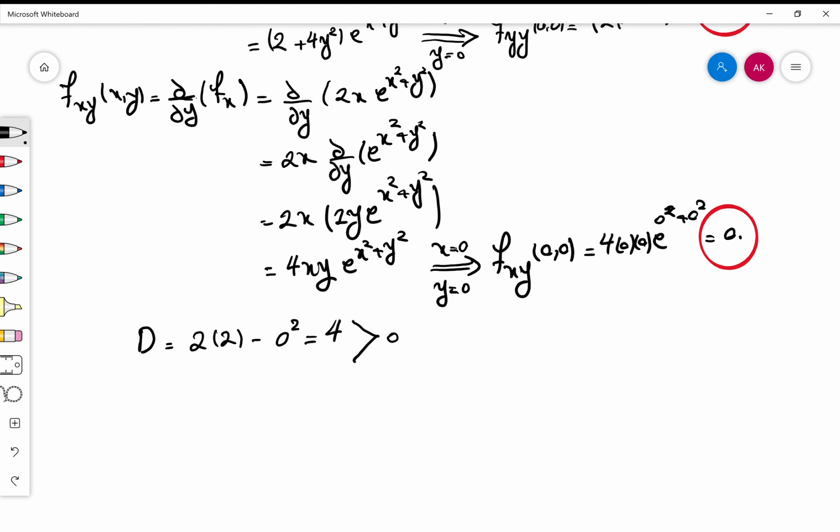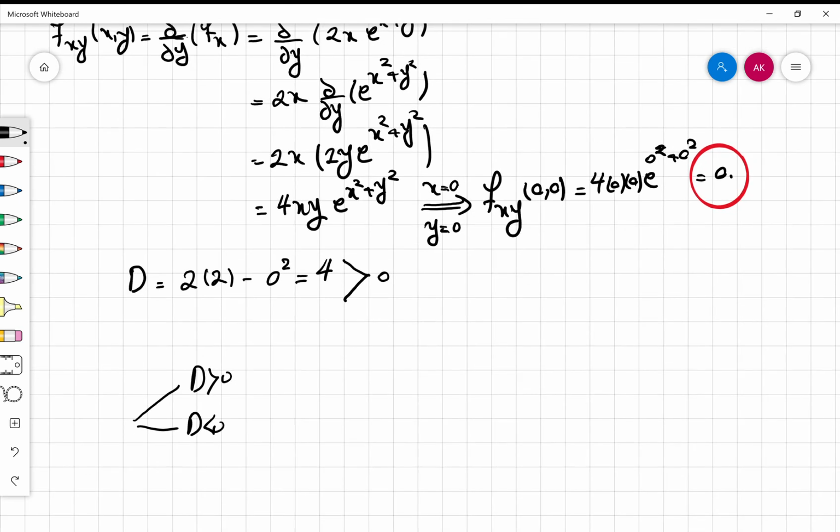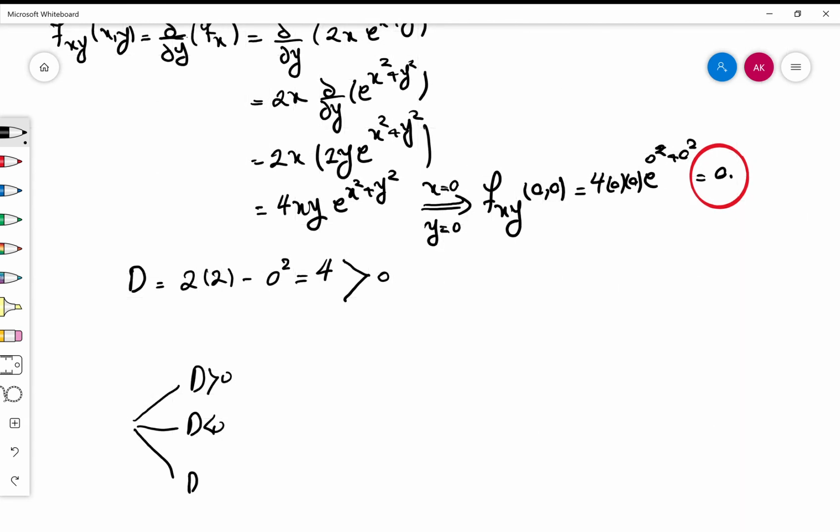Remember the D test. D is either positive, D is negative, or D is 0. If D is positive, then we have to check something else. What is fxx at (0, 0)? If it is positive, then we have a relative min.